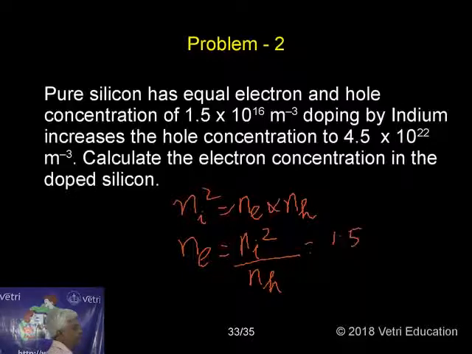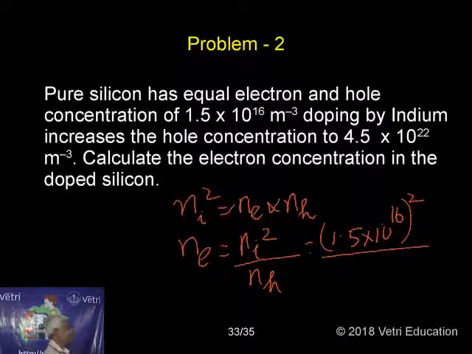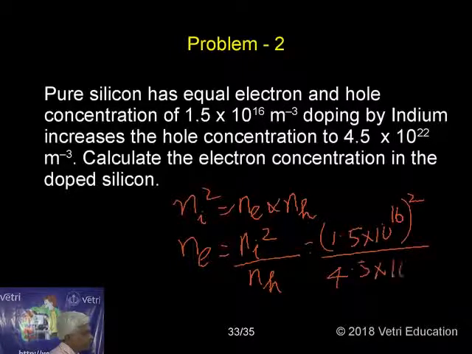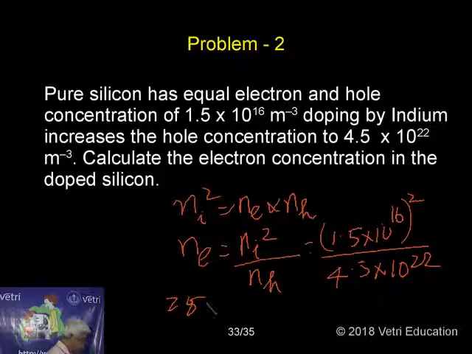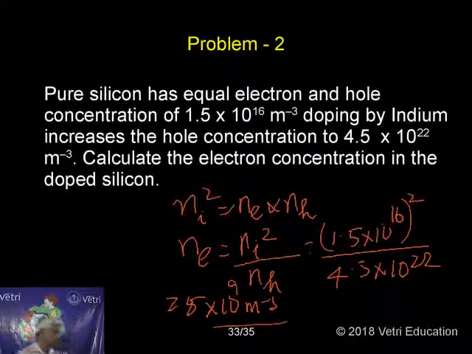Therefore, 1.5 into 10 power 16 whole square divided by the hole concentration given in the problem, 4.5 into 10 raised 22. On simplification, this becomes 5 into 10 power 9 per meter cube. This is the electron concentration, 5 into 10 power 9.